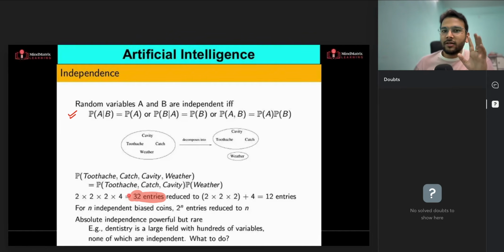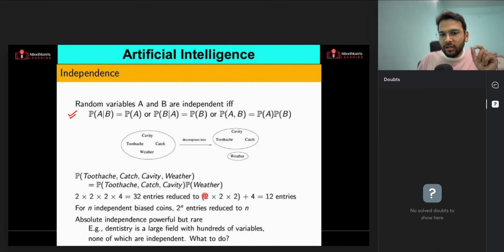So first of all, you are trying to separate the random variables which are completely independent. There is no dependency at all. So can I say that you have reduced the 32 entries? Initially you were having 32 entries in the joint probability distribution. By the concept of independence, you have made it separate.